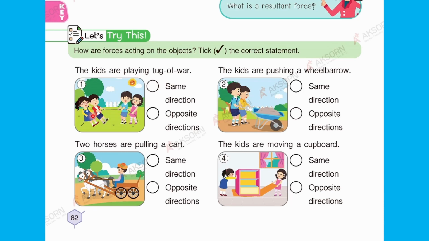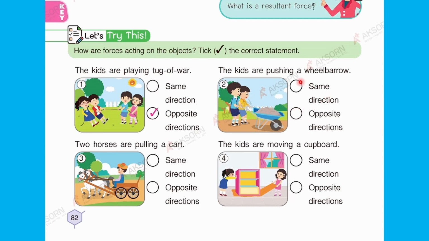Is it going in the same direction or the opposite directions? Okay, it's going the opposite directions because these kids are pulling this way and these kids are pulling this way. So that means the forces are going in opposite directions.